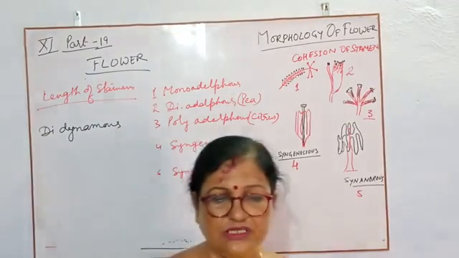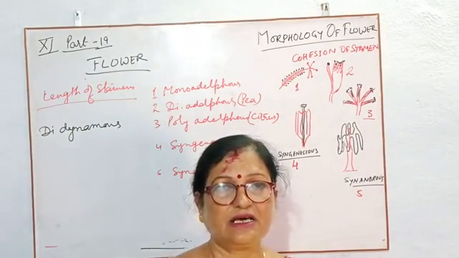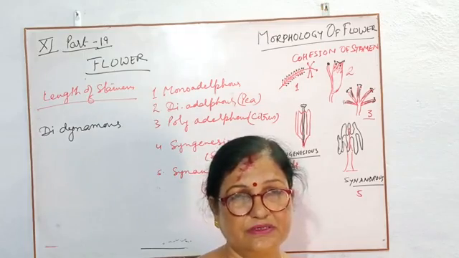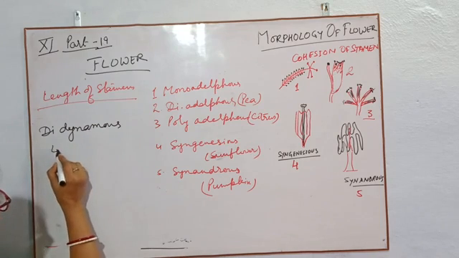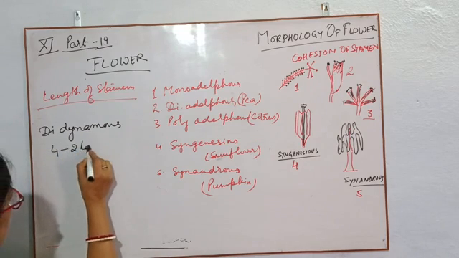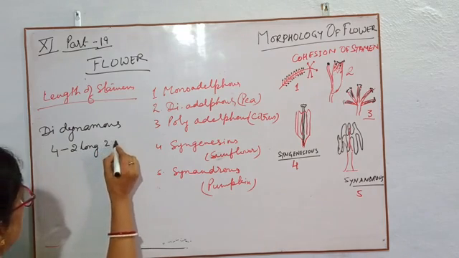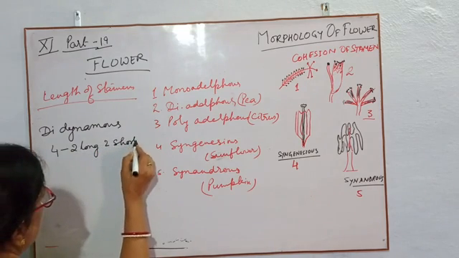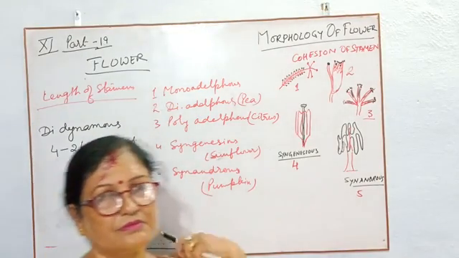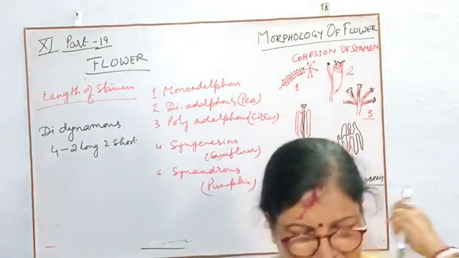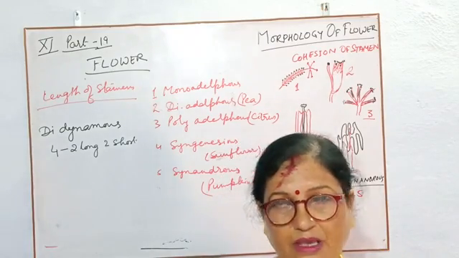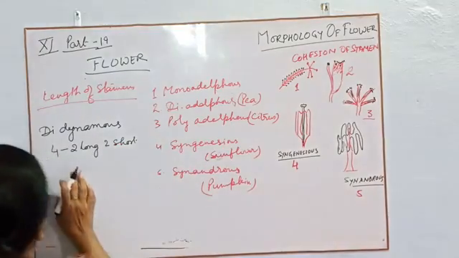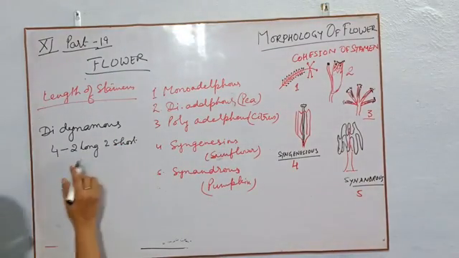So a didynamous flower has 4 stamens, 2 will be long and the other 2 will be short in length. That's why they have a different name, didynamous flower.